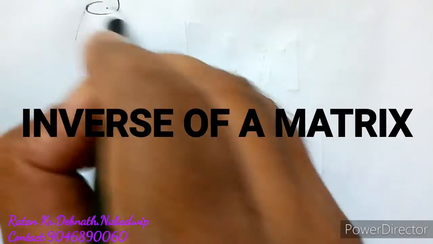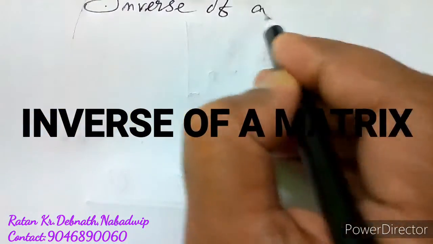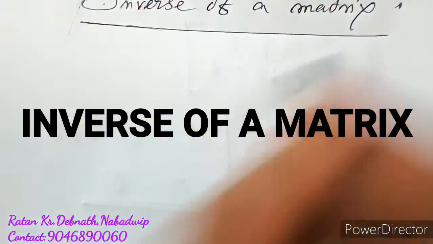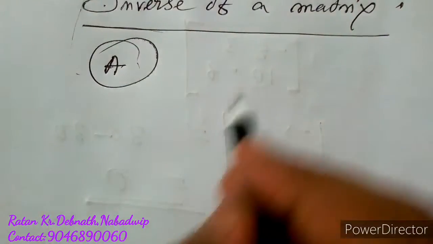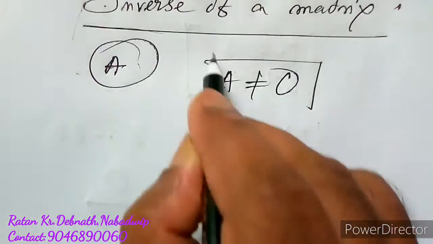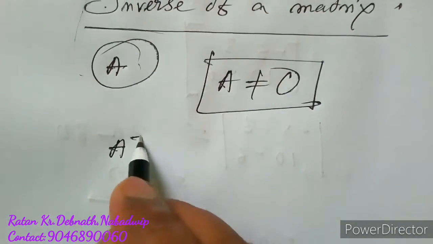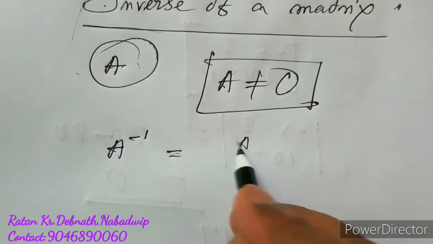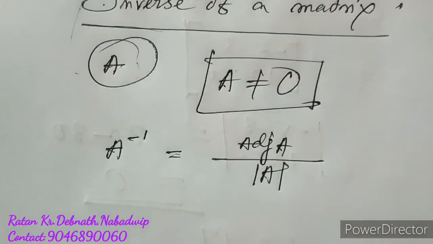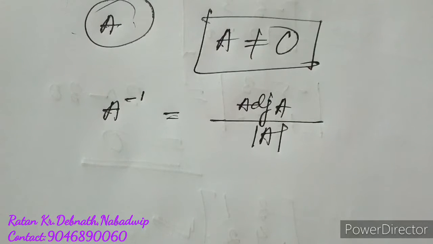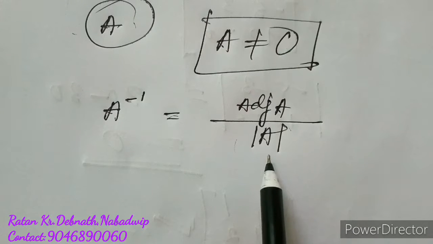Now if A is a non-singular matrix, that means determinant of A not equal to 0, then A inverse equals to adj A, means adjoint A by determinant of A. So in order to find out A inverse, a matrix should be non-singular, that is determinant value of the matrix should be non-zero.